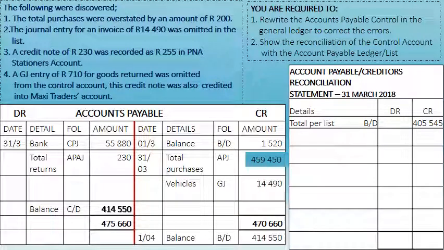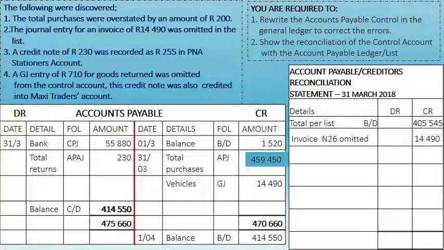We calculated the total closing balance of creditors as an amount of 405,545 rand, which must be shown on the credit side of the reconciliation statement.